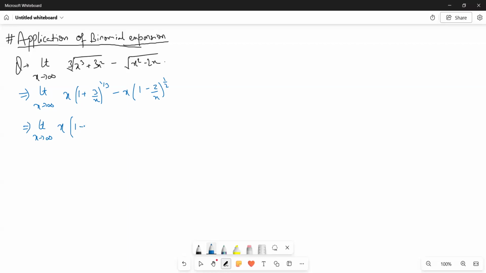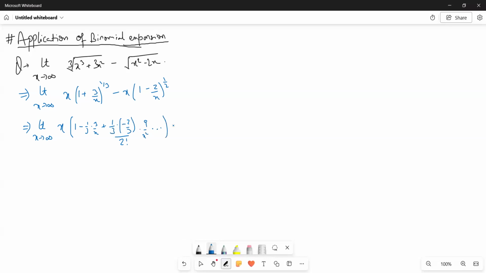So the expansion would be 1 plus nx plus n into n minus 1 by 2 factorial x square, with n as 1 by 3, n minus 1 is minus 2 by 3, so minus 1 by 9 by x square dot dot dot.